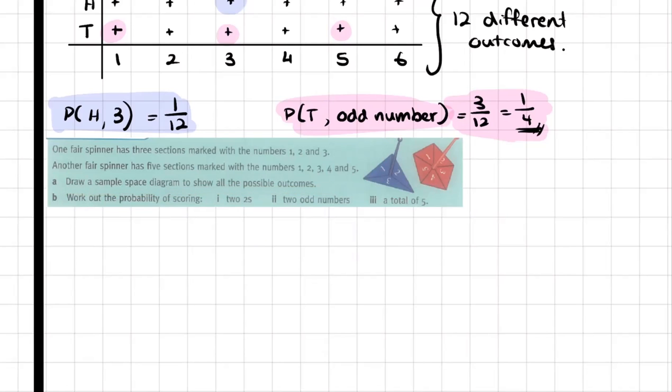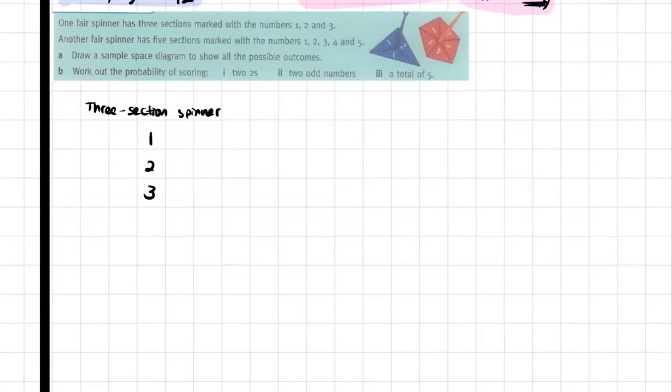Like I said, this is the 3 section spinner. So on one end, I'm going to write 1, 2, and 3. And then the bottom bit here will be my 5-sided spinner: 1, 2, 3, 4, and 5. This will be my 5 section spinner.